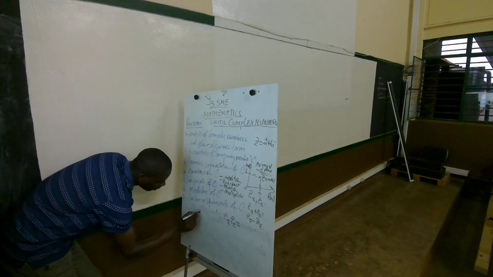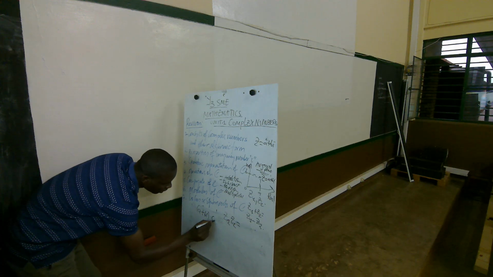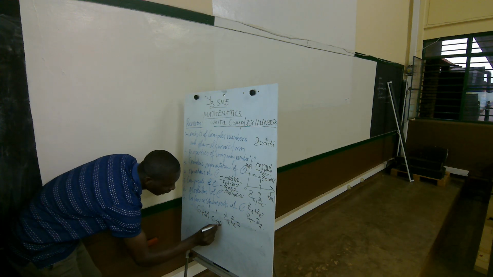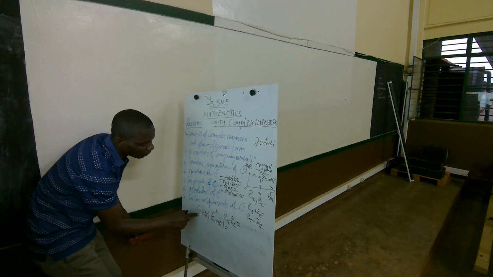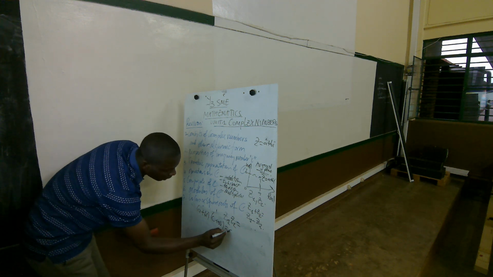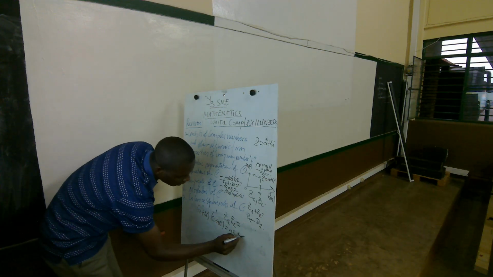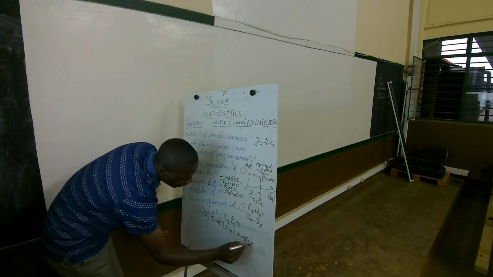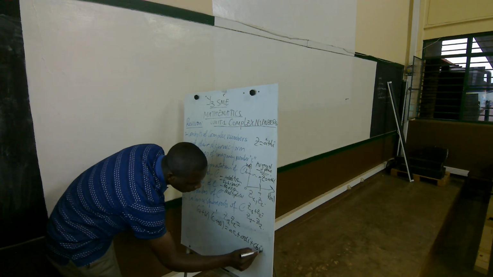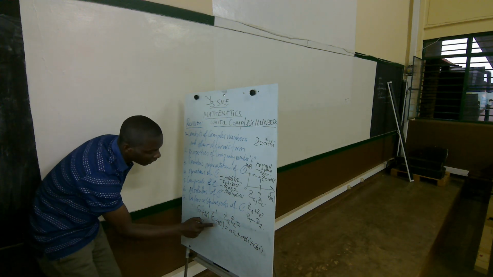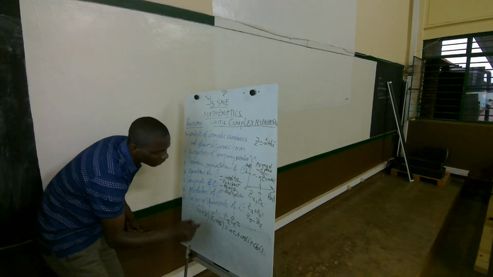For example, if you have a plus bi times c plus di, we follow the order of multiplication: a times c is ac, plus a times di is adi, plus bi times c is cbi, then bi times di is bd i squared, and i squared is equal to -1.